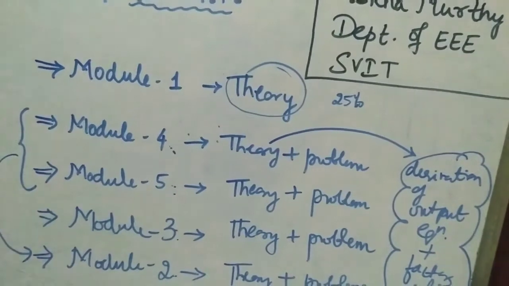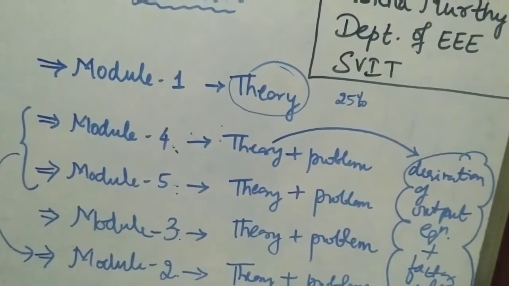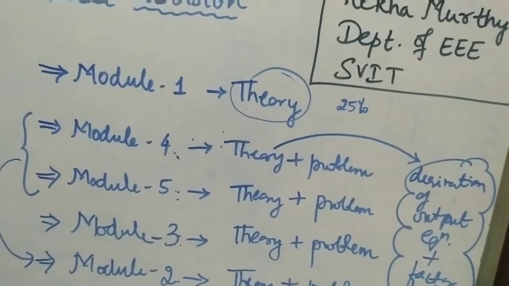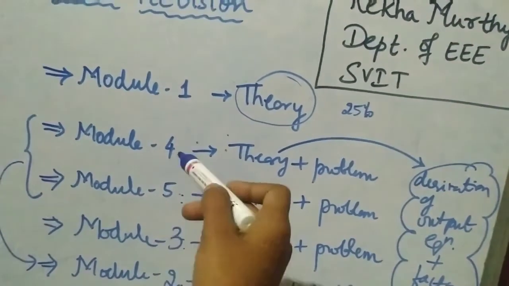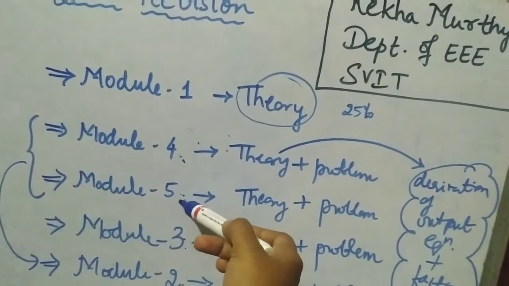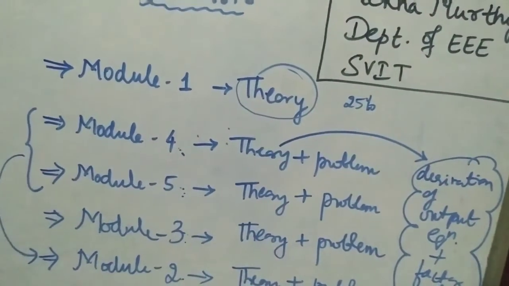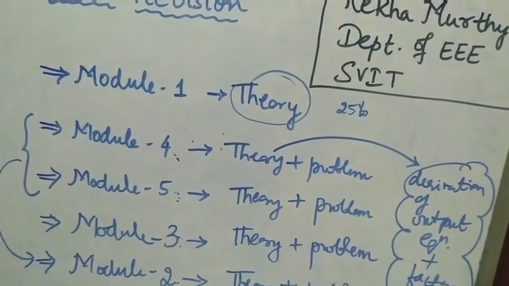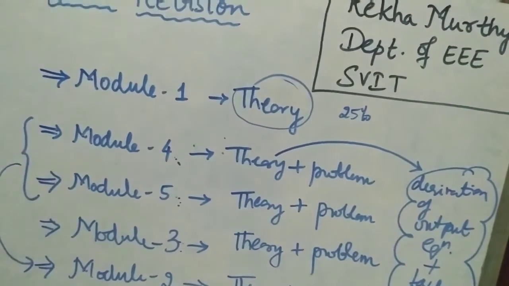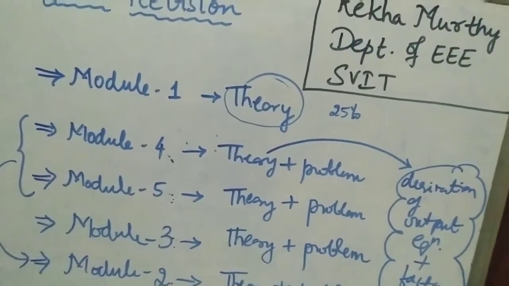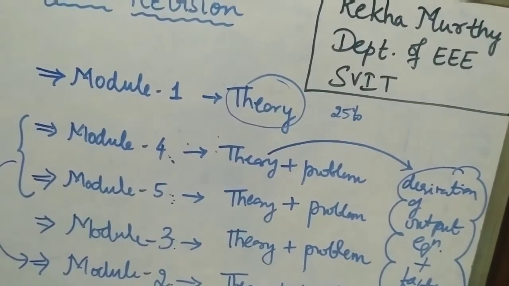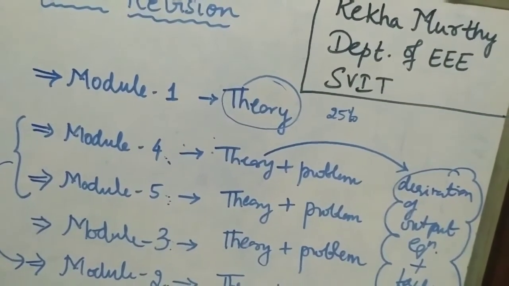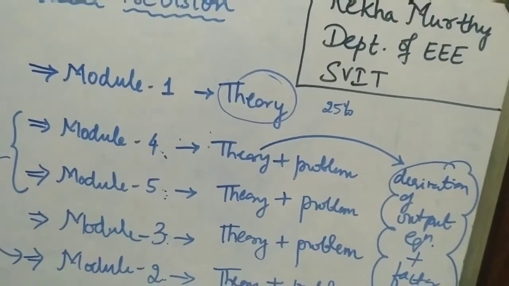Then further, the remaining theory questions you can practice well later when we go very in depth with module 4 and module 5 and so on. Along with that, we will discuss the problems which have been asked in previous year question papers. The same problems will get repeated.